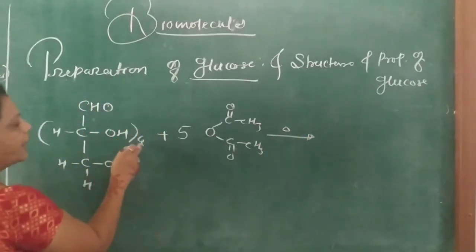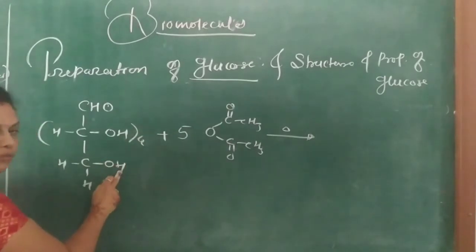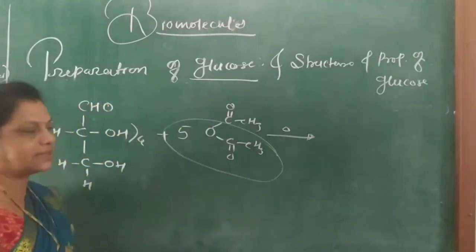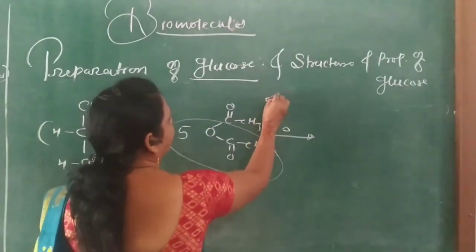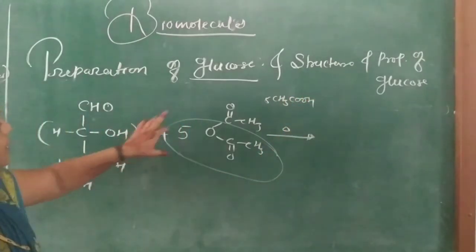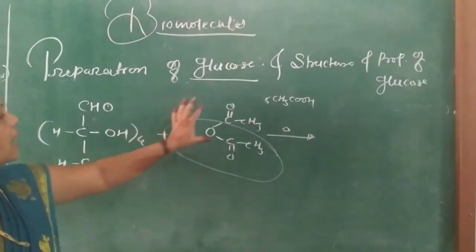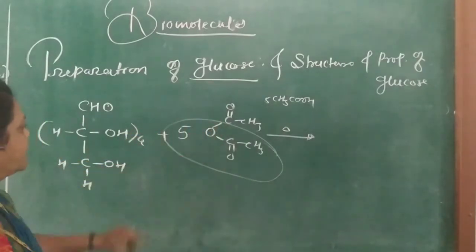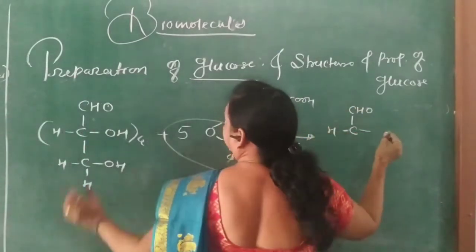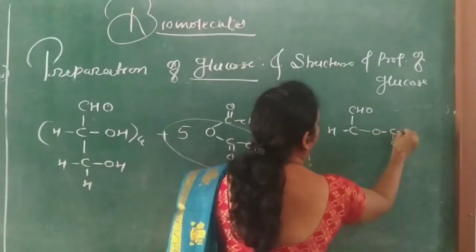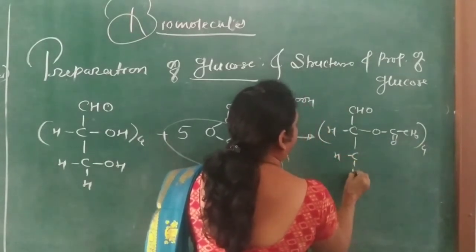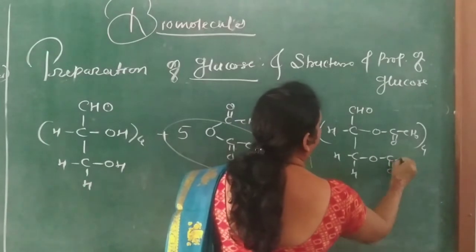Now these 4 hydrogen atoms from this and this 1 hydrogen atom, means 5 hydrogen atoms, combined with this 5 part of acetic anhydride and form 5 times acetic acid. The remaining H gets replaced by acetyl group 4 times, and this H gets replaced again by acetyl group, and form glucose pentaacetate, here O and C double bond O, CH3 by 4, and then H, H and O again CO, CH3.